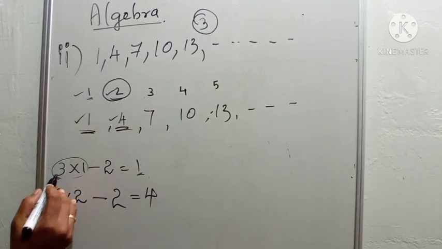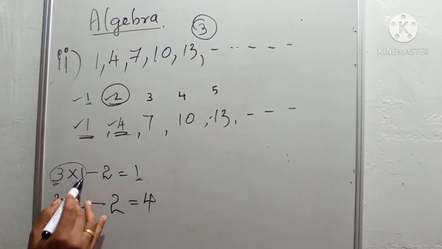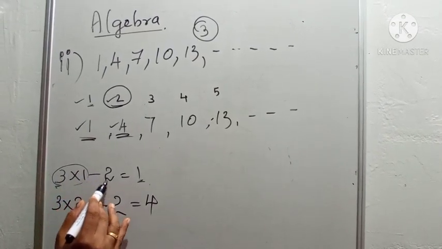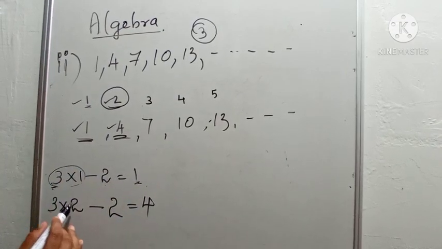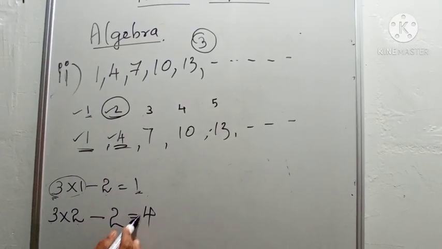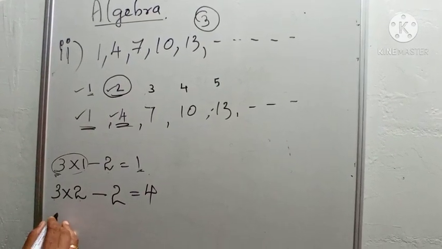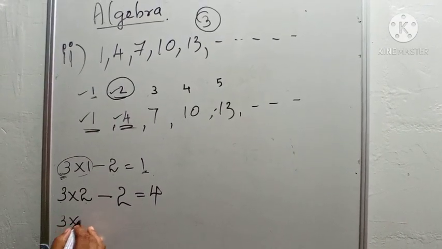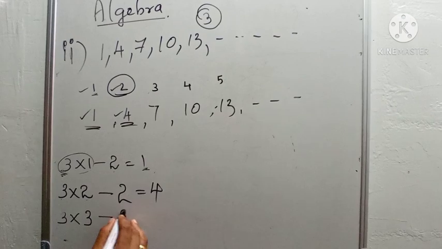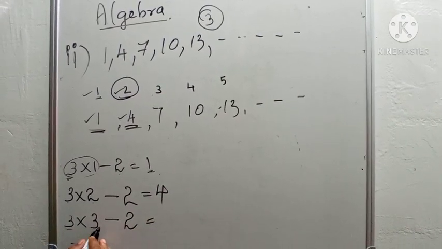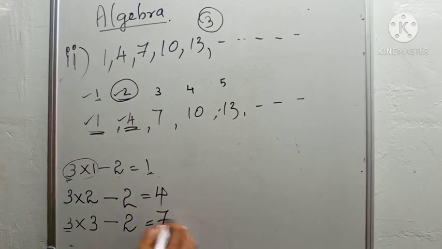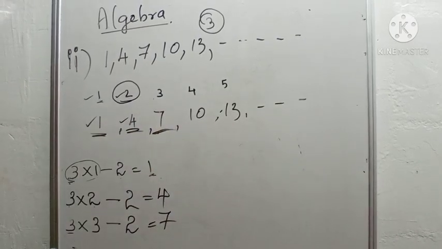So 3 into first position minus 2 is equal to the first term, and 3 into second position minus 2 is equal to the second term. Then what about the third term? Yes, 3 into third position minus 2. 3 into 3 is 9, minus 2 is 7. Yes, 7 is the third term.